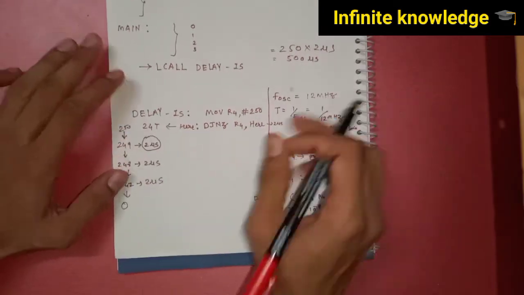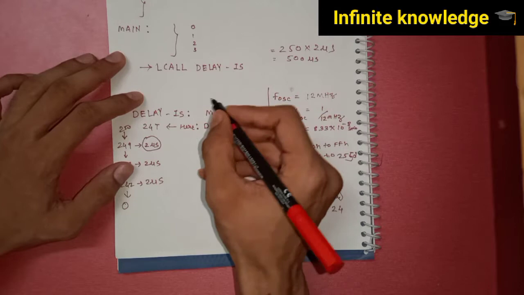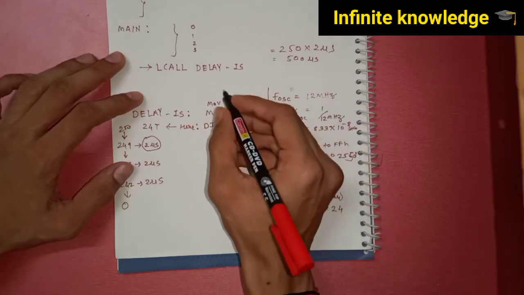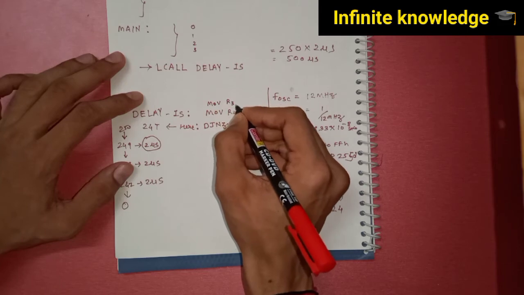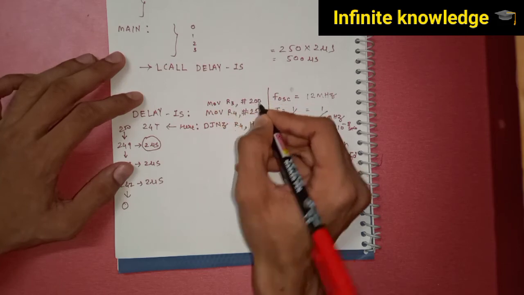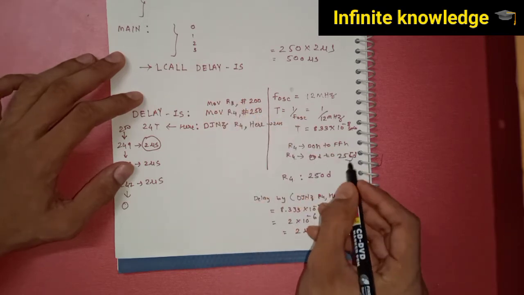So we have to add some number again, or you can say we have to move another number to R3. Let's take it as 200. What is the range of R3? R3 has the same range, 0 decimal to 255 decimal.